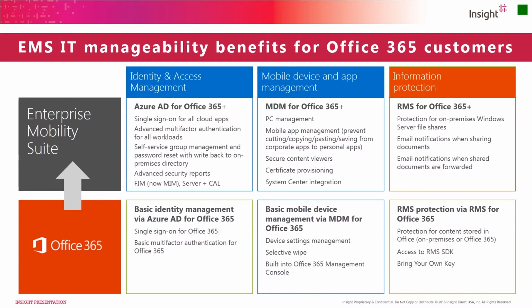In Office 365, we've got basic identity management, and that allows you to provide a single sign-on for all your users, so you don't have to create multiple login credentials. We then have the addition of being able to allocate mobile devices to the service. We provide a number of different ways of securing those devices if there's been any loss.